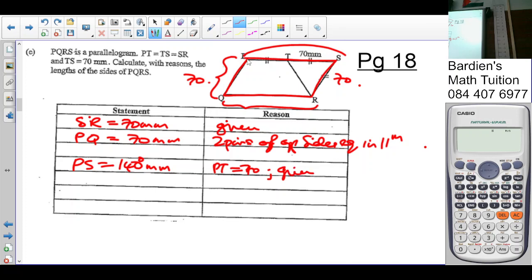So QR is 140 millimeters. Why? Two pairs of opposite sides equal in a parallelogram. There we go. Okay? Any confusion?